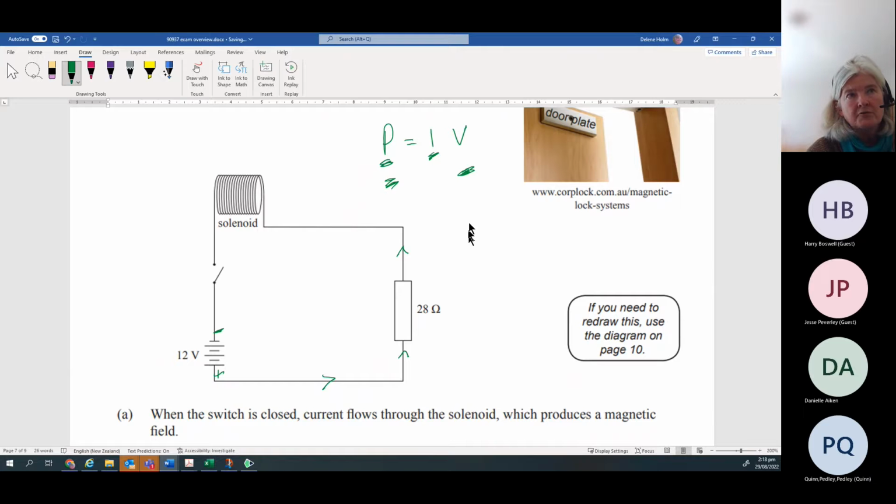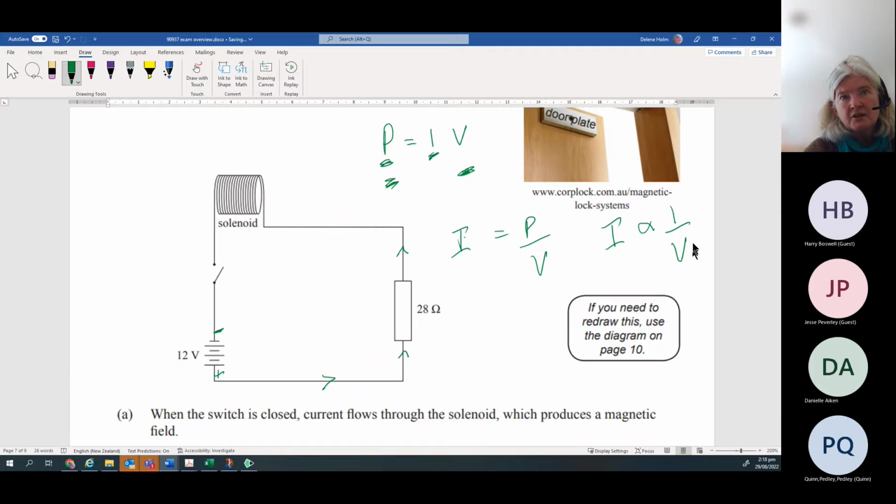Or if you were trying to rewrite this, and so you were trying to have I by itself, I is equal to P over V. So I is inversely proportional to V, assuming that power stays the same.